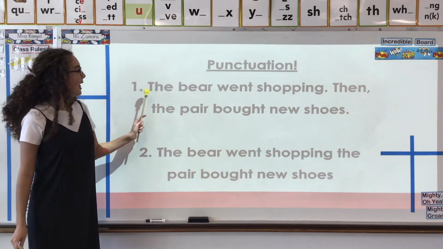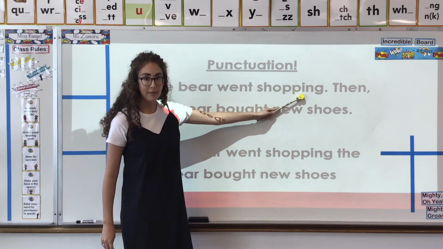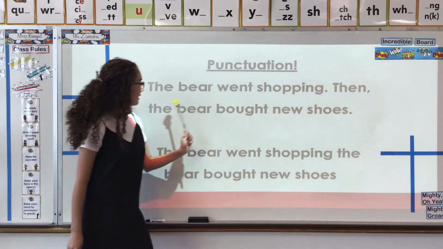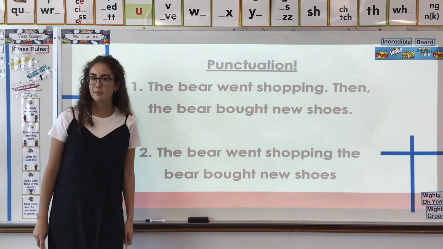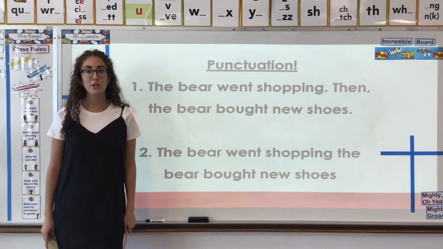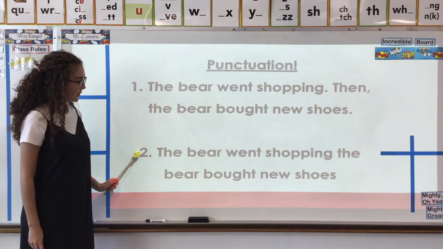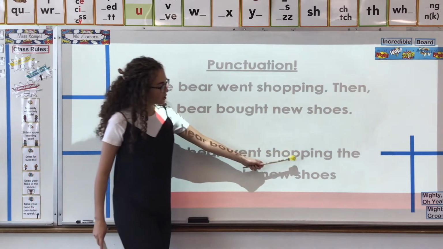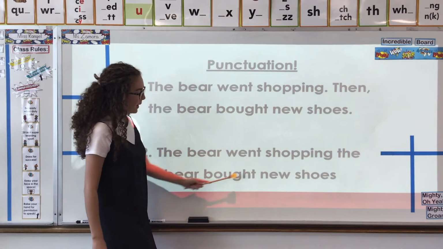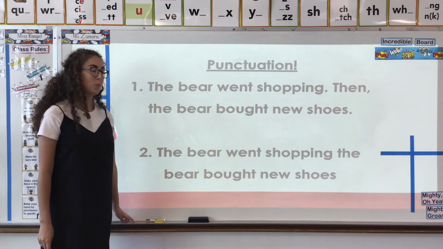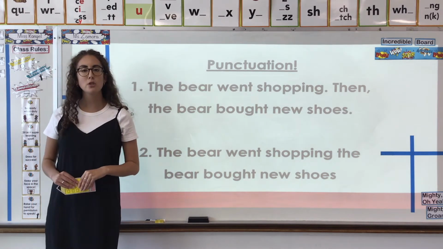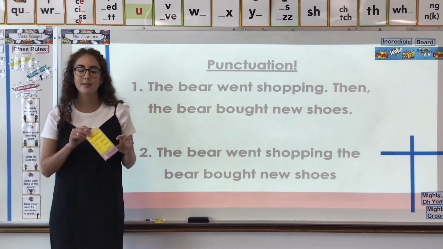Number 1, the bear went shopping. Then the bear bought new shoes. That's number 1. Does that have correct punctuation? Or number 2, the bear went shopping the bear bought new shoes. Which one has a period in between the two thoughts?